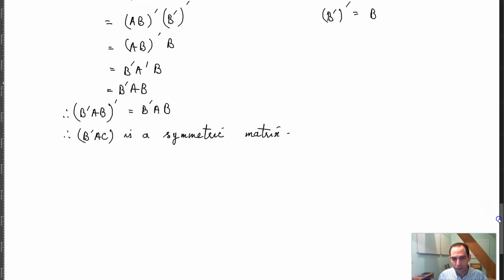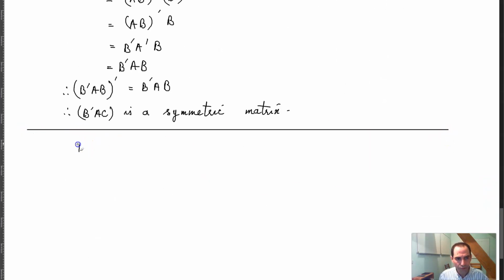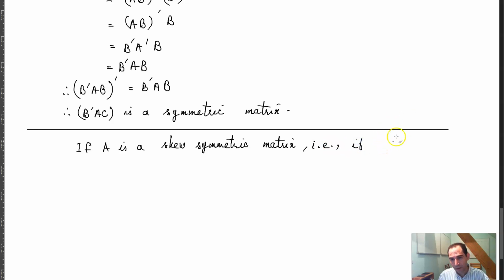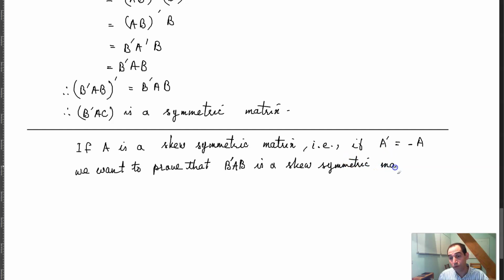Now, if A is a skew symmetric matrix, case number 2, that is if A prime is equal to negative A, we want to prove that B prime AB is a skew symmetric matrix, right?